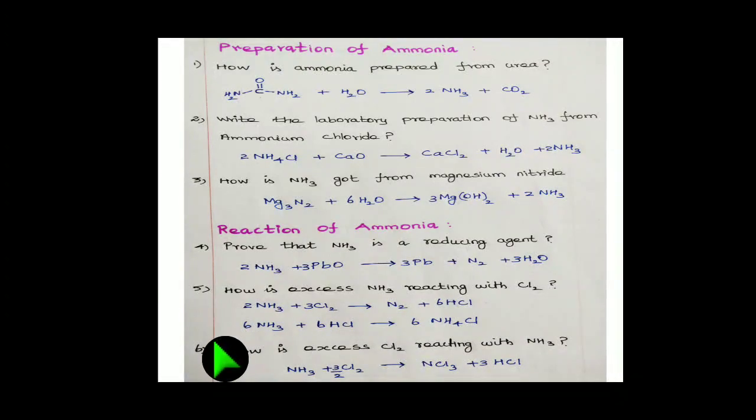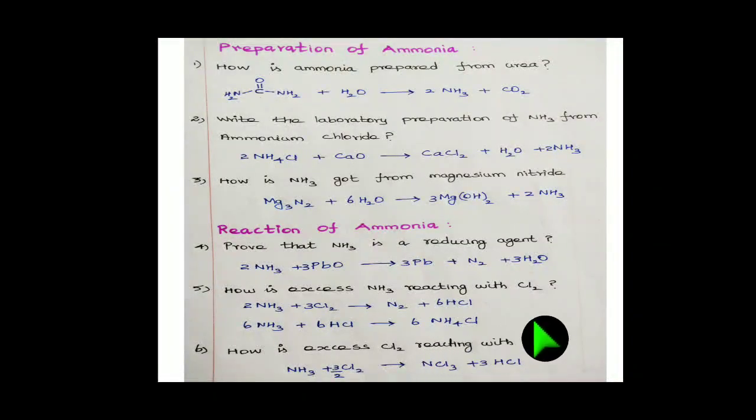Okay. Here, how is excess chlorine reacting with the ammonia? When ammonia reacts with chlorine, NCl3 is a major product along with hydrochloric acid.